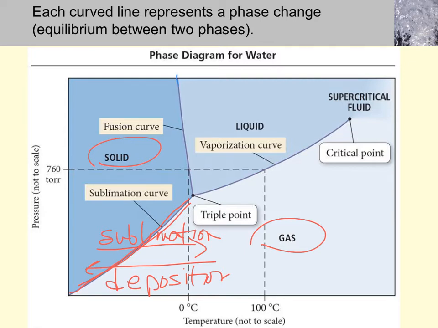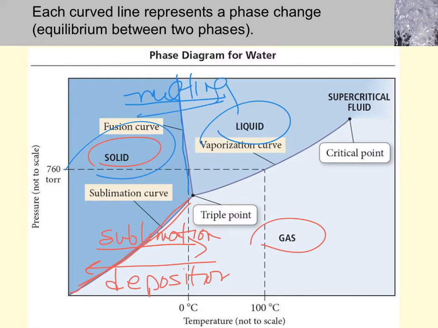And this line separates solid and liquid. And so going from solid to liquid, of course, is melting. And going the other way is freezing. And then finally, this is the boiling point line or vaporization curve that separates liquid and gas.